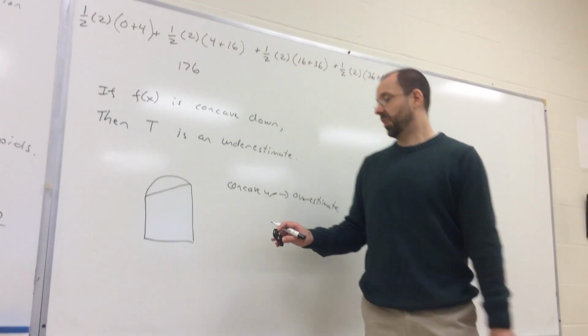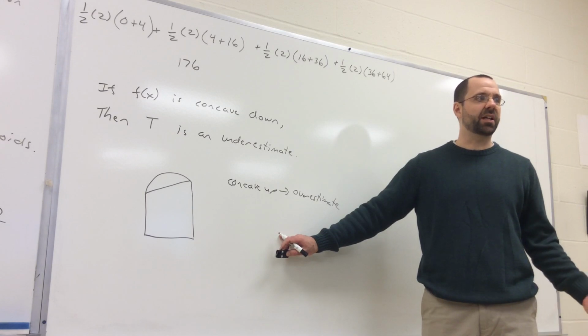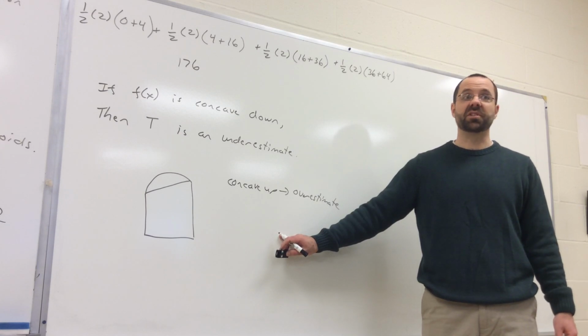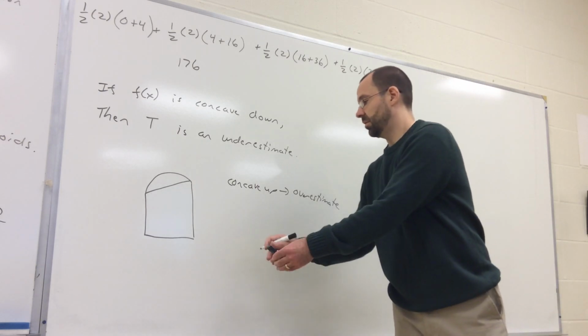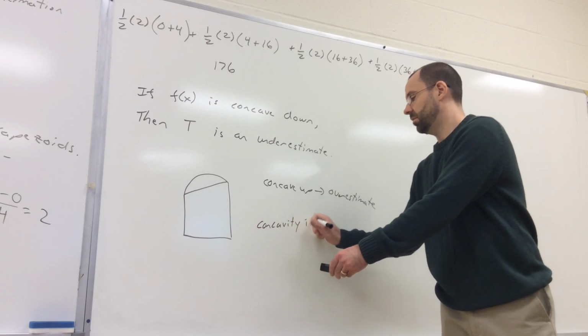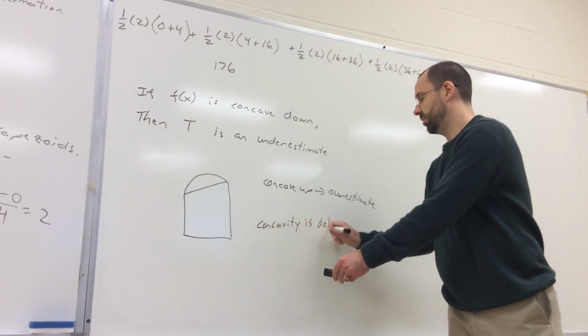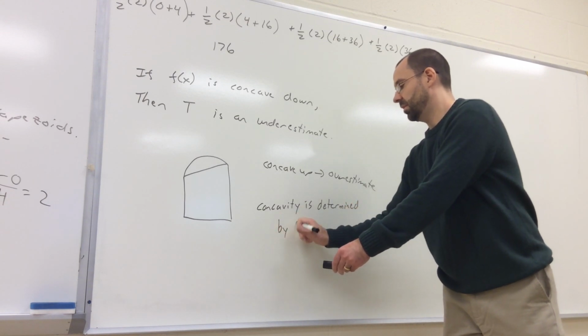Okay, now we have to remind ourselves, though, how do you find the concavity? How do you figure out if a graph is concave up or concave down? It comes from the second derivative. Okay, so concavity is determined by f double prime.